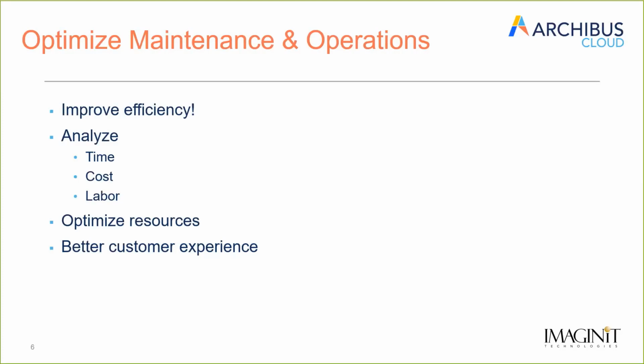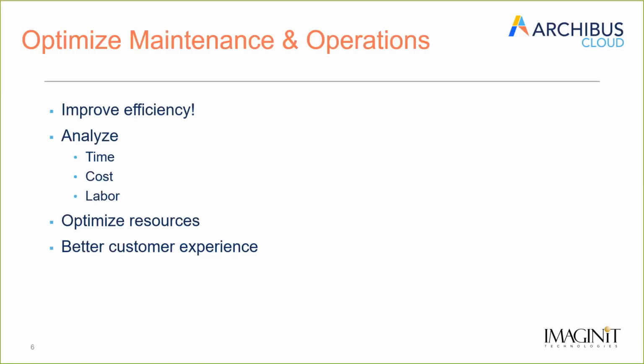Outside of just tracking the different work orders, maintenance items and assets that you're watching, a lot of tools allow us to analyze time, costs and labor, so we can look to optimize resources. Does it make sense to have our work teams work differently? Does it make sense to possibly outsource updating the PMs on the HVAC equipment, for example, to a third-party contractor?